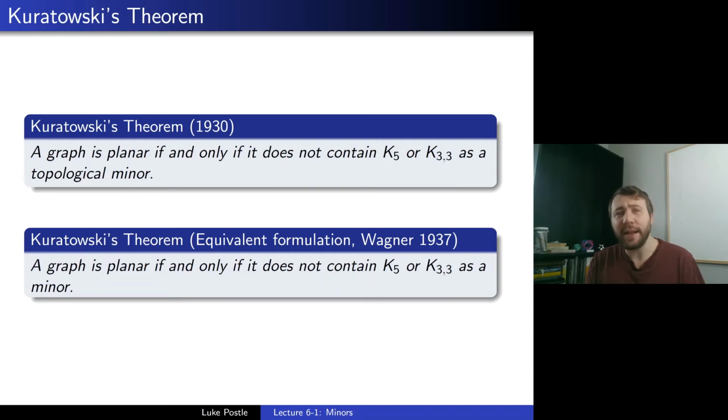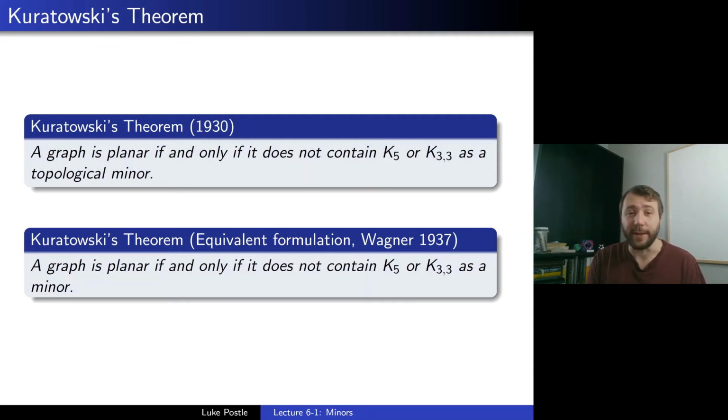In some sense, topological minors and minors are related. One direction is kind of obvious, and the other is not too hard to work out, and so Wagner showed that. If you want to think in terms of minors instead, that is useful. And you'll see why it is better to think in terms of minors than in terms of subdivisions, for reasons to come.